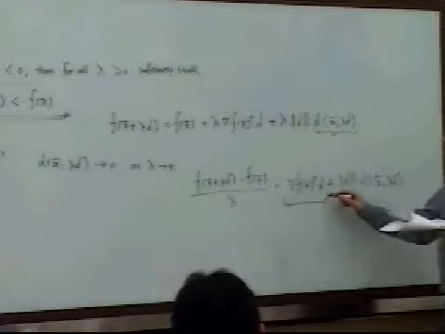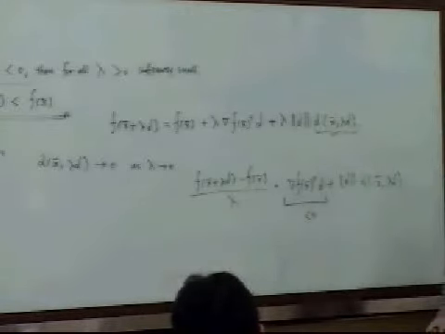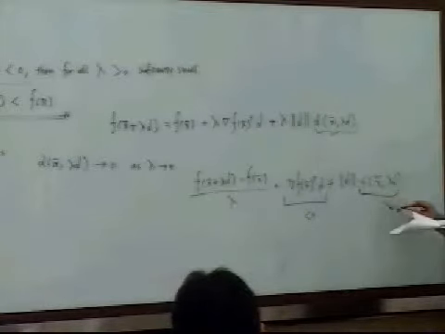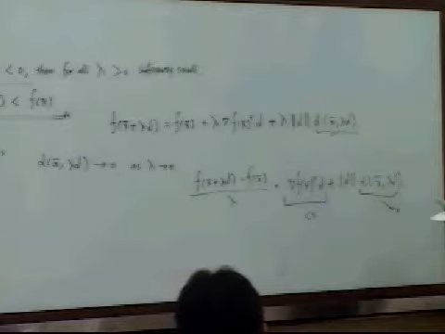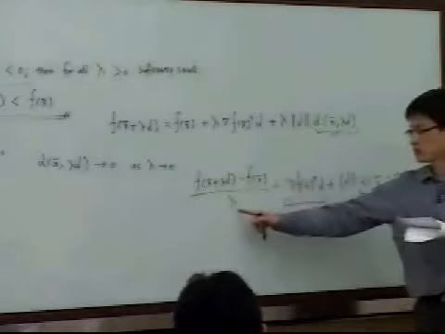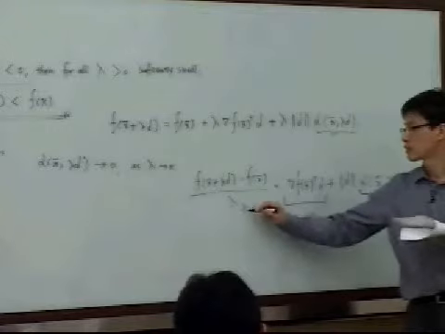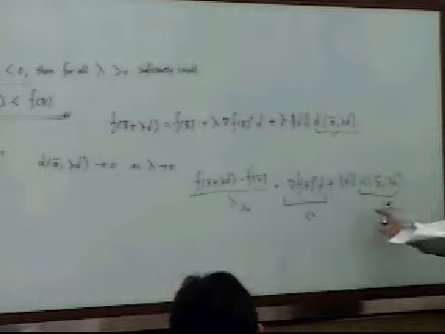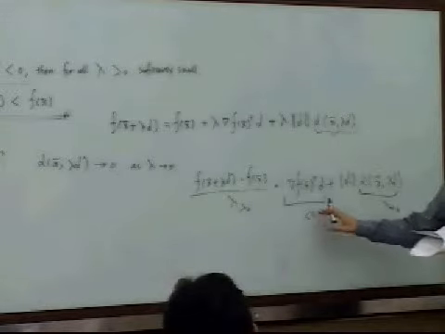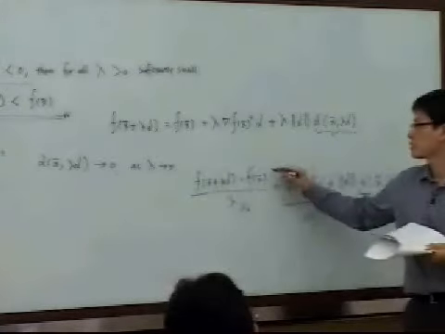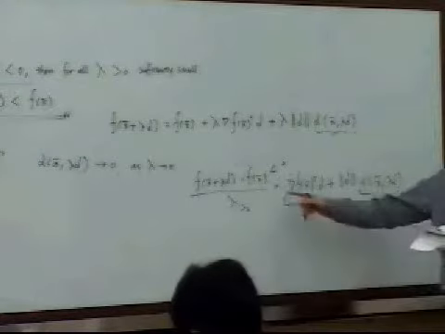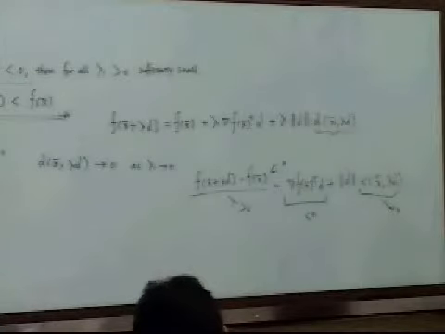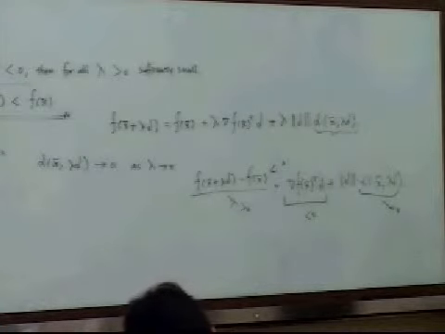Since this is less than 0 and this is approaching 0, this is greater than 0. So if you cancel this out because it becomes 0, this is less than 0. This one should be less than 0. So from that one, you can derive that.